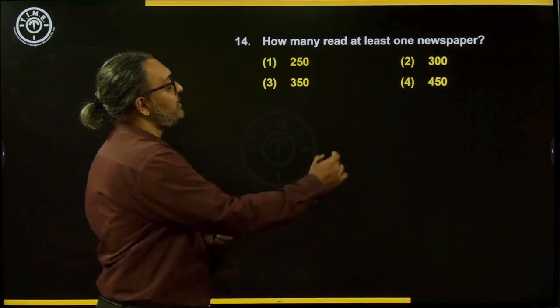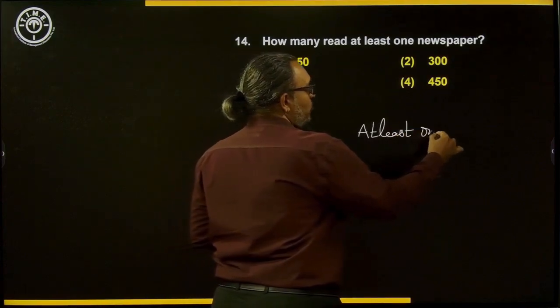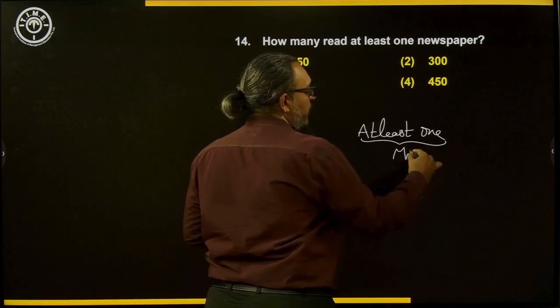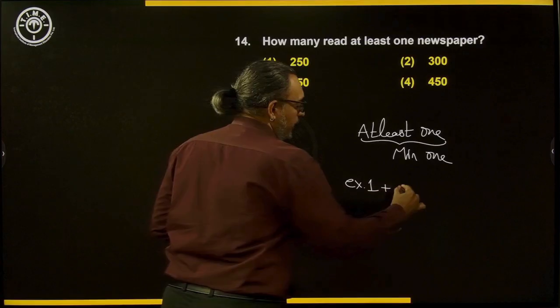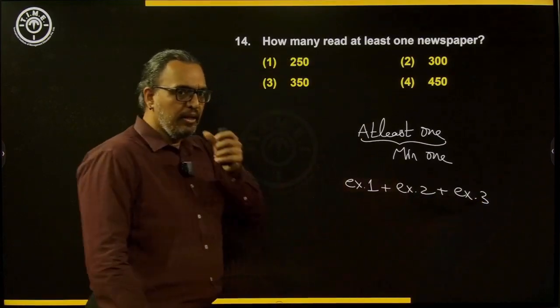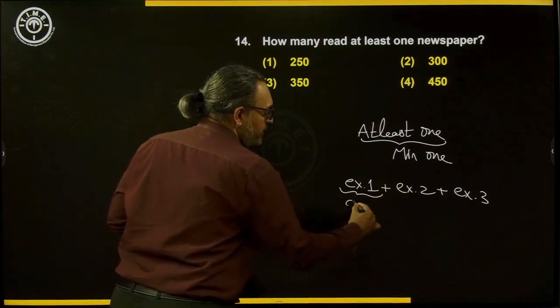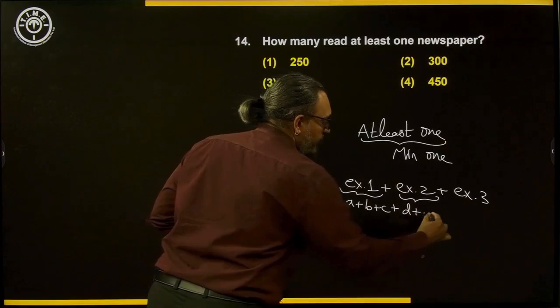Next, at least 1. So at least 1 means minimum 1. Means we have exactly 1, exactly 2, and exactly 3, because maximum you have 3. So exactly 1 is nothing but ABC. Exactly 2 is nothing but DEF.